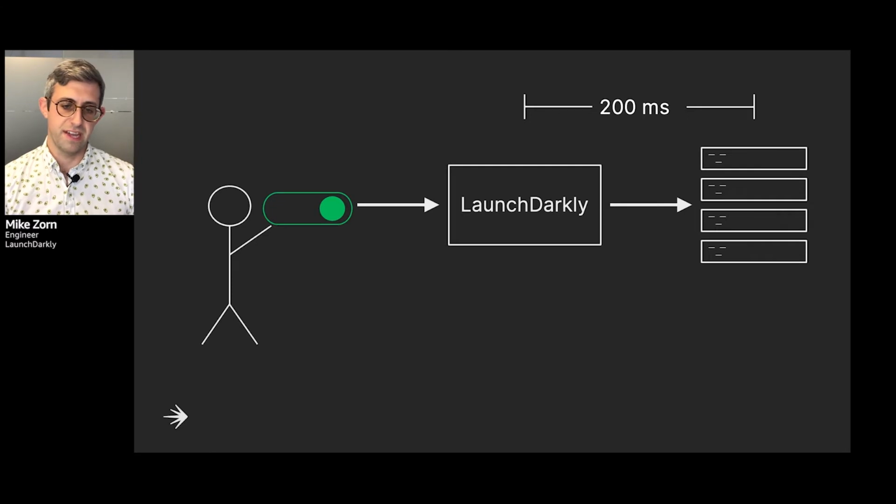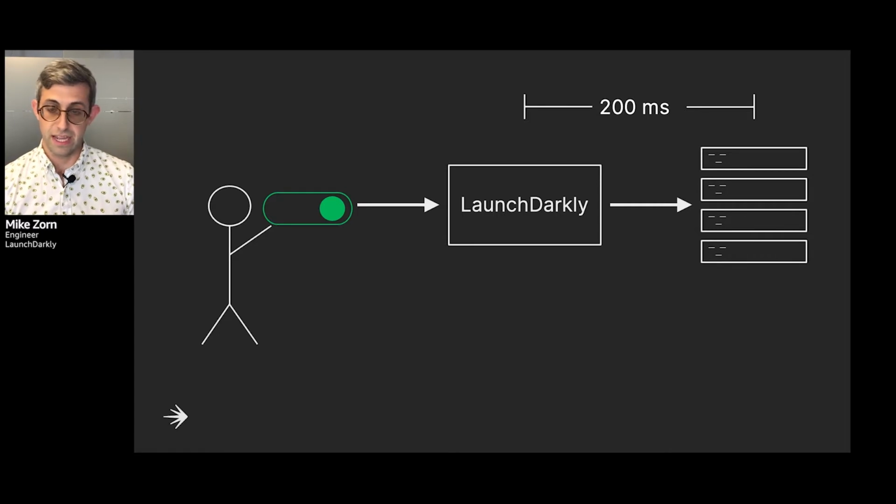So this means that with a click of a single button, you can change the runtime behavior of your application in less than a second, which is great for rolling out new features. It might even be a little bit overkill to have that small latency just to roll out a new feature. But that low latency enables some other use cases.